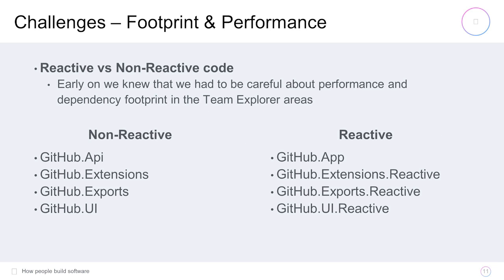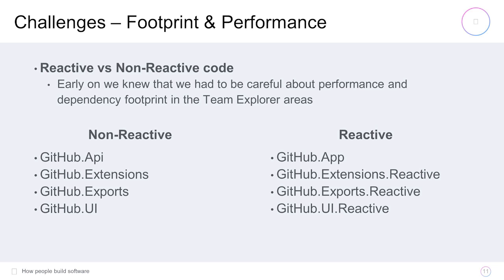Other problems that we knew right off the bat that could hurt us was footprint and performance, particularly in the Team Explorer areas. So we very early on established that we couldn't load certain things in the Team Explorer UI because that would bring in a bunch of dependencies that would always be loaded as soon as Team Explorer loaded, and that would be unacceptable in terms of memory footprint.